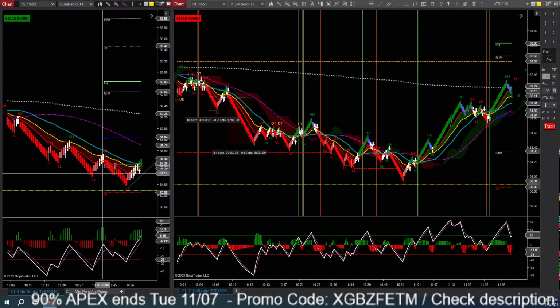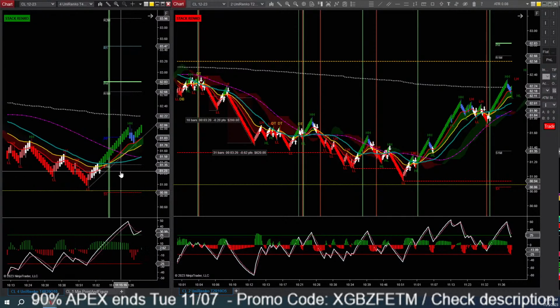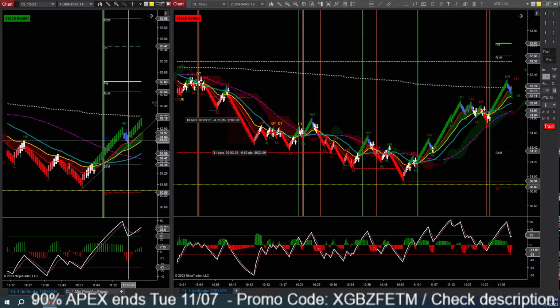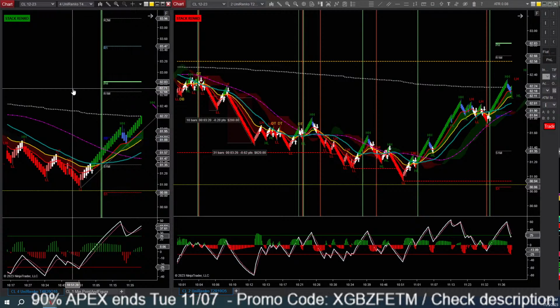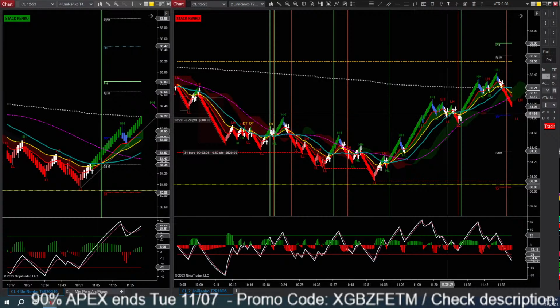We are looking for shorts here, and then it crosses again. Moving averages are back to the bullish side. Now the anchor chart is telling us that there's some good room right here to the VWAP, and this is what we see right here.